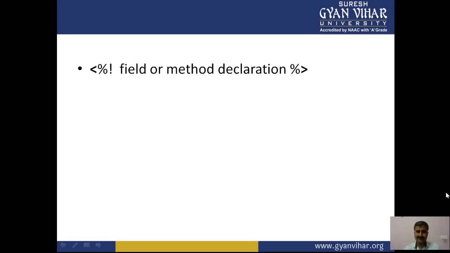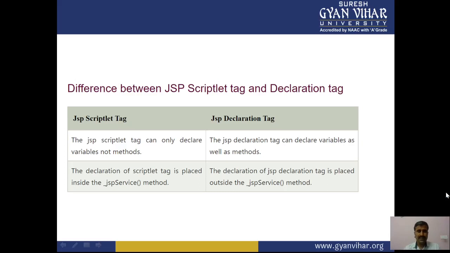In the JSP scriptlet tag, you can only declare a variable, not a method. But the JSP declaration tag can declare variables as well as methods. Very interesting about the JSP declaration.